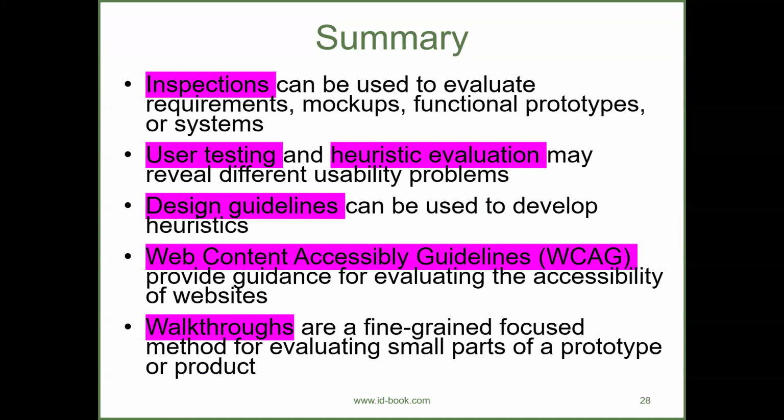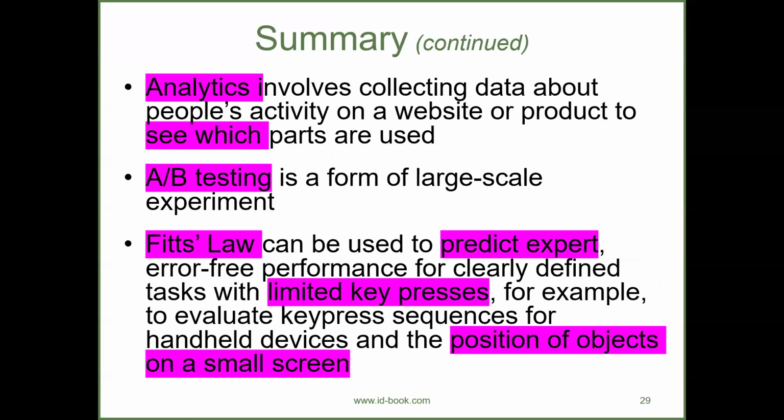WCAG provides guidance for evaluating the accessibility of websites. Walkthroughs are focused on evaluating smaller parts of a prototype or product by giving a step-by-step practical demo. Analytics involves collecting data about people's activity on the website and seeing which parts are used mostly.